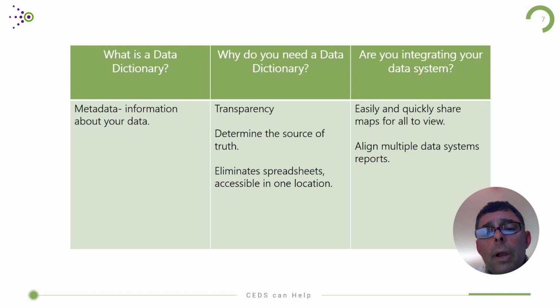Also, as far as transparency goes, it helps people who want to contribute to an early childhood integrated data system, or who want to share data, maybe not go as far as an ECIDS, but it provides the opportunity for everyone to see what data is being collected and what those definitions are, and it helps to build trust across organizations and offices for people to want to embark on this work.